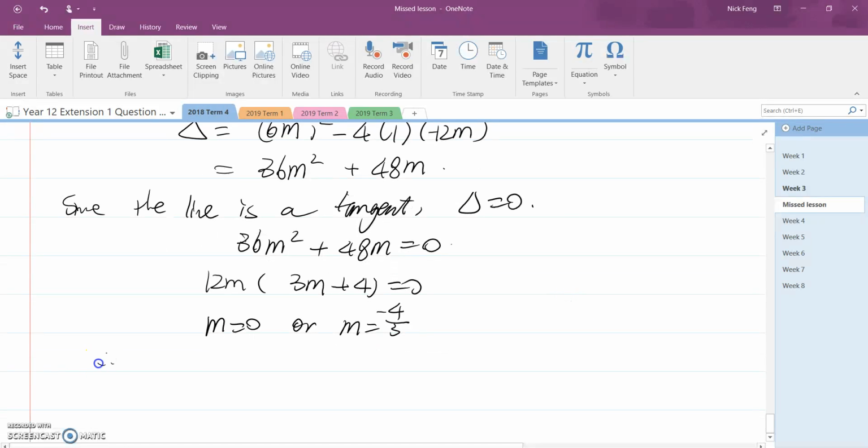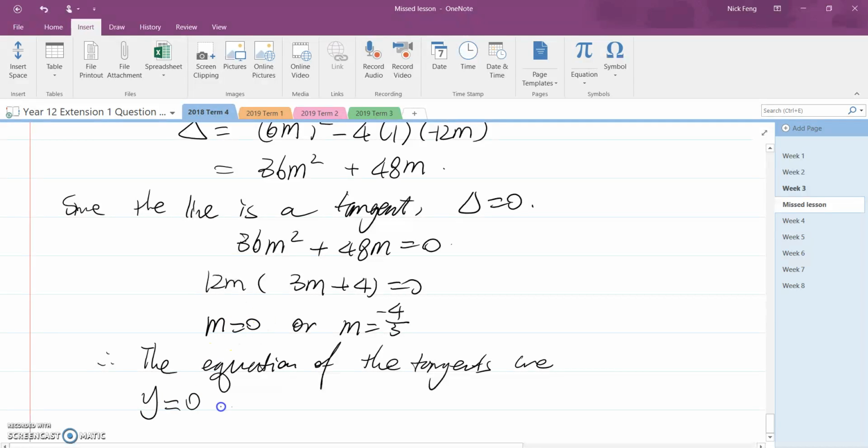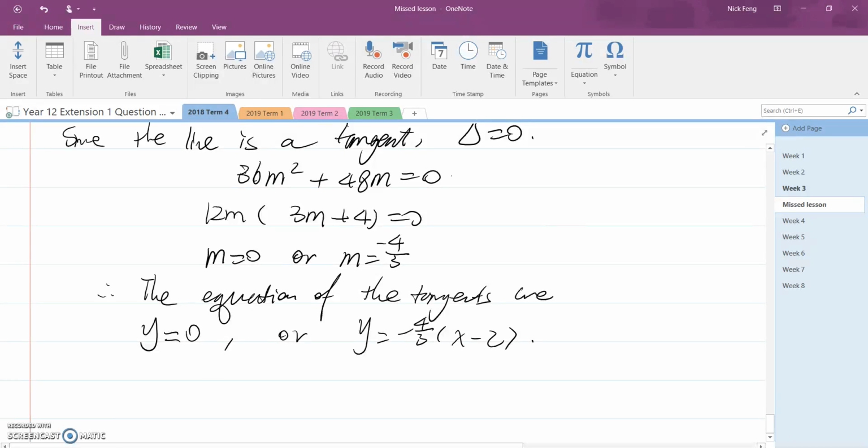Therefore, the equations of the tangents are y equals 0, or y equals negative 4 on 3 times (x minus 2). Why is y equals 0 also considered a tangent with an x-intercept of 2? Obviously, because that's the x-axis, which passes through (2, 0), which is the x-intercept of 2.